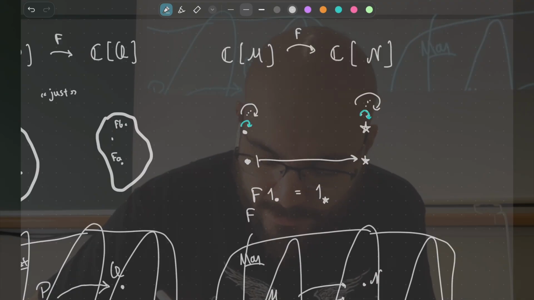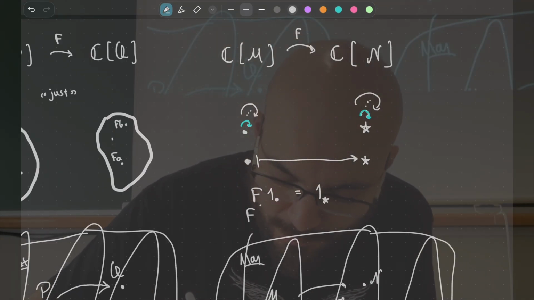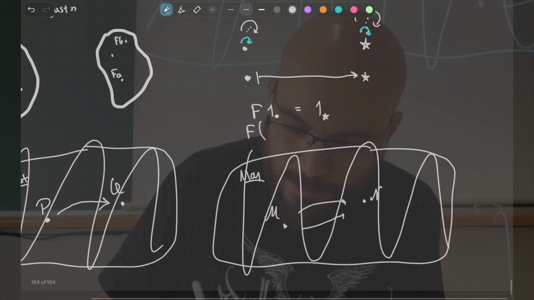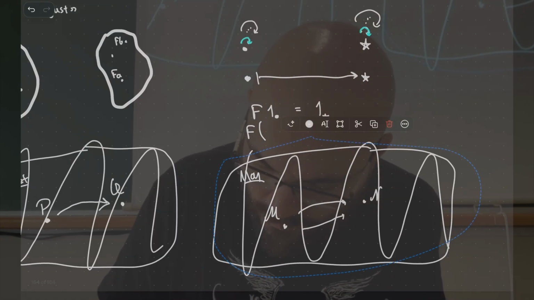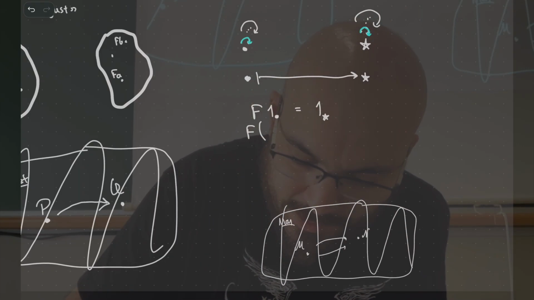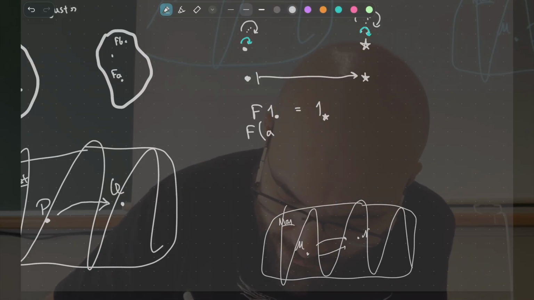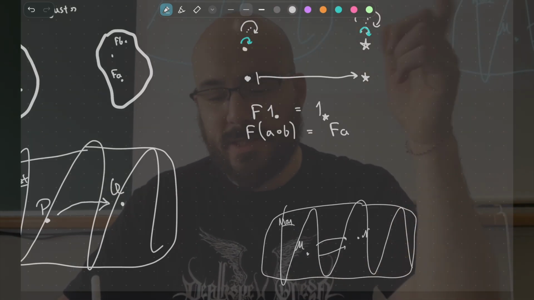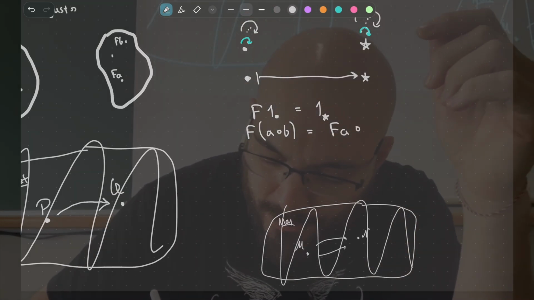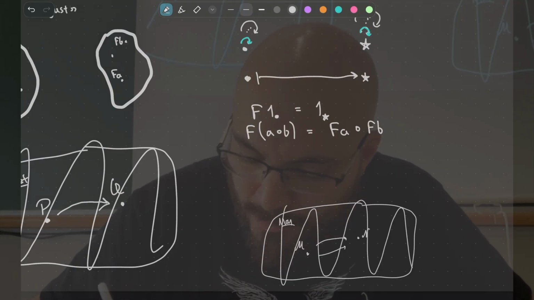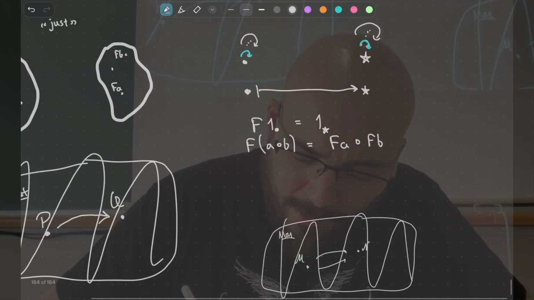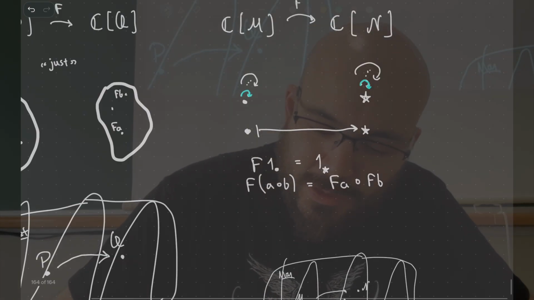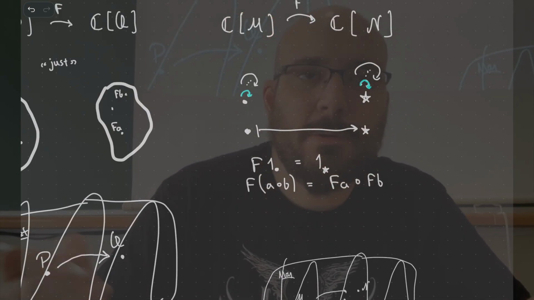So the other law is that functors respect compositions, which means that I need more space. If you take an arrow, let's call it A, composed with an arrow, let's call it B, you have to map it to whatever arrow you mapped A to, composed with whatever arrow you send your B to. But now, remember what composition means here, because in order to define this category, I need to define what composition means.